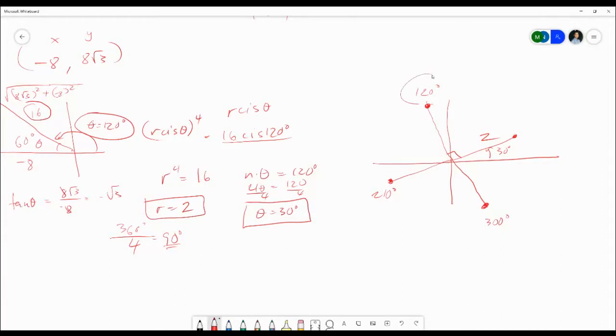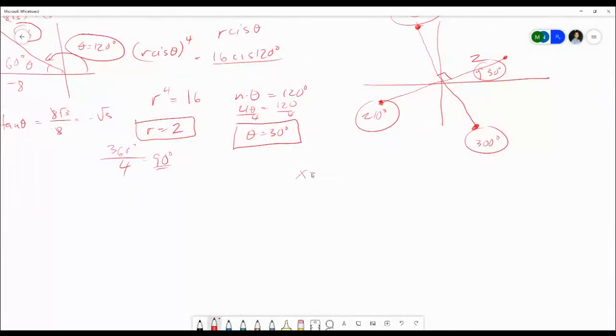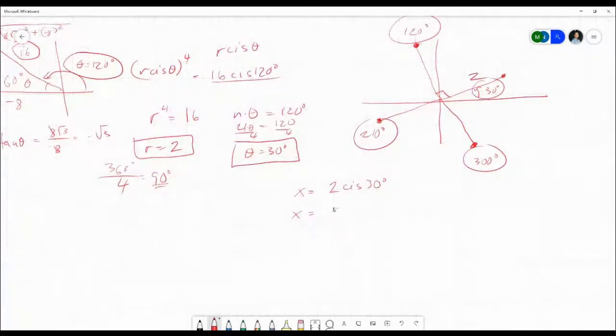So that gives me the 4 angles that I need in order to write out all 4 of my roots. So the solution is x equals 2 CIS 30, that's the first one, 2 CIS 120, 2 CIS 210, and 2 CIS 300.